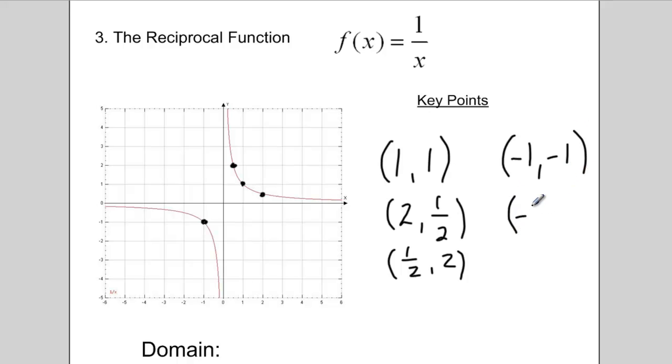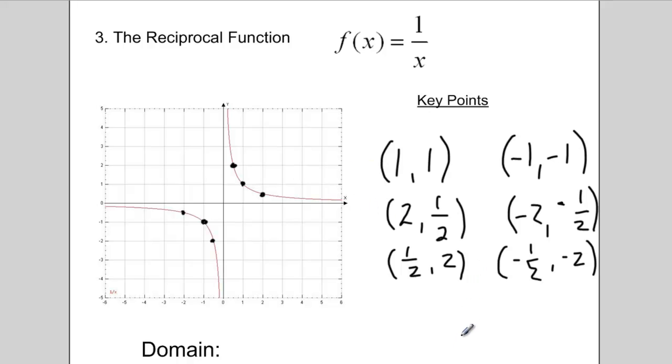Again, when x is equal to negative 2, 1 divided by negative 2 is negative 1 half. And last but not least, when x is equal to negative 1 half, we get 1 divided by negative 1 half, which is just negative 2. And so that's this point right here, and this point right here.